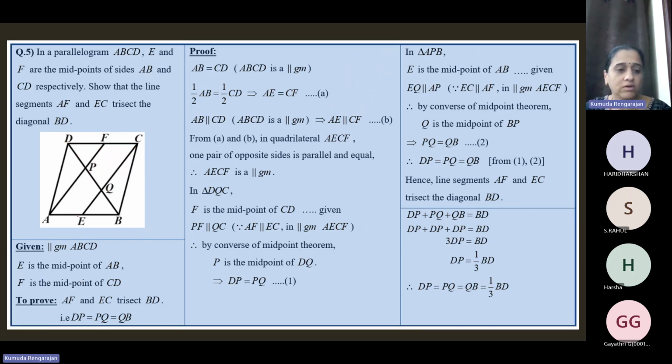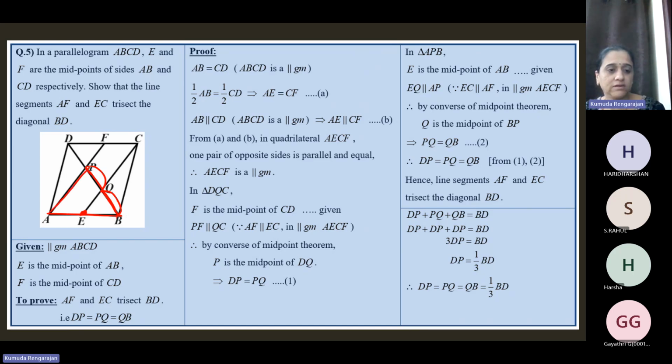Next, you have to take a triangle which has a side AB, because there we have this information, E is the midpoint of AB. And now you want to prove that PQ is equal to QB. So the triangle you take should include the side BP.